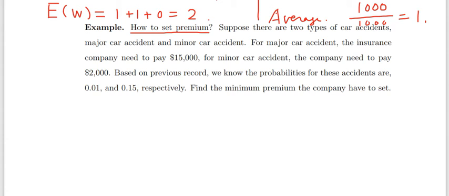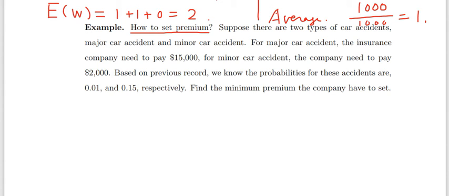So they want to set a good premium, not too high, not too low, right? So reasonable. They don't want to lose money, but they also cannot expect to make lots of money, right?